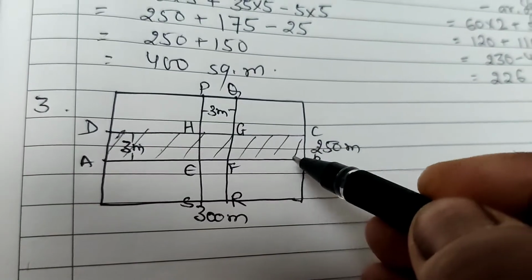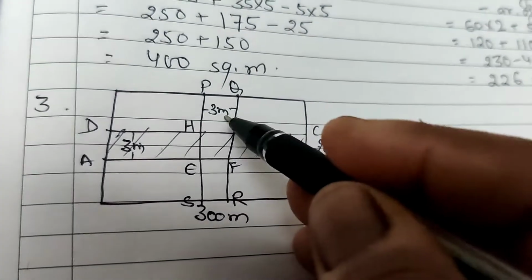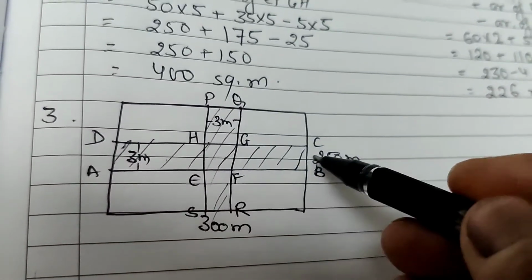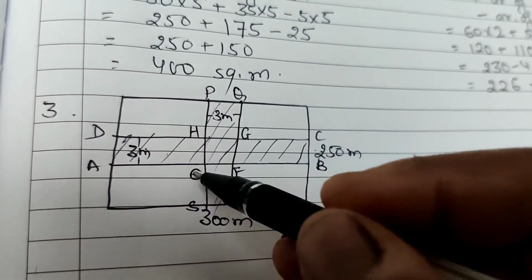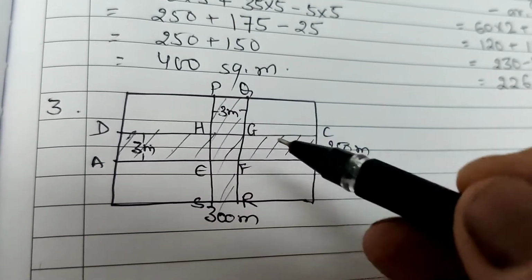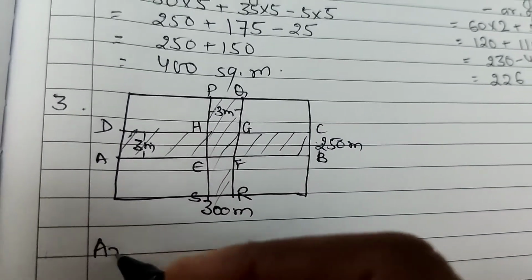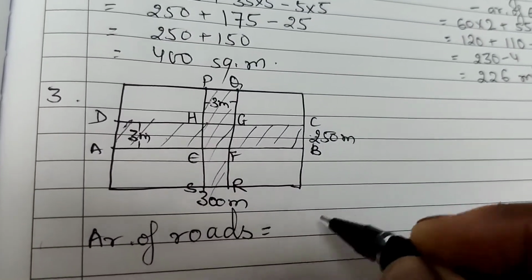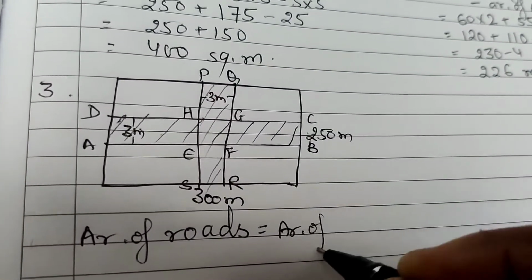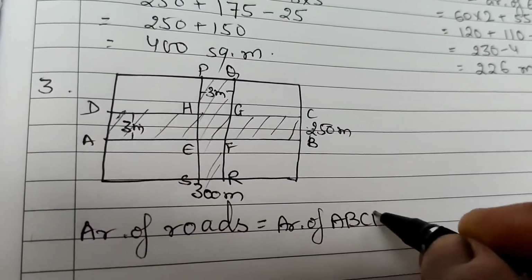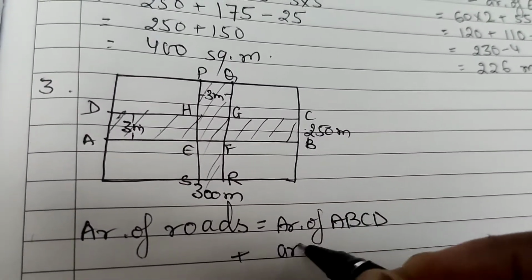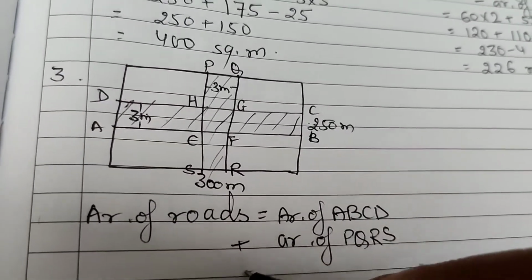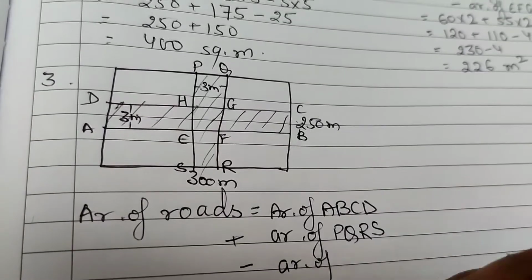Area of road ABCD is 300 into 3. Area of road PQRS 250 into 3 minus area of EFGH. Okay. Area of roads: area of ABCD plus area of PQRS minus area of EFGH.